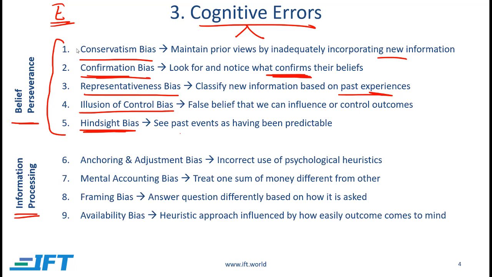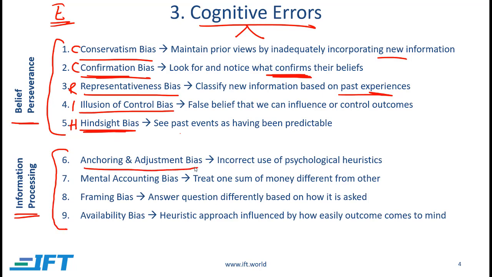So just say this a few times. CC-RE. So CC-RE is basically the first letter for each of these biases. Conservatism, confirmation, representativeness, illusion of control, and hindsight. CC-RE. Then we have 4 information processing biases.